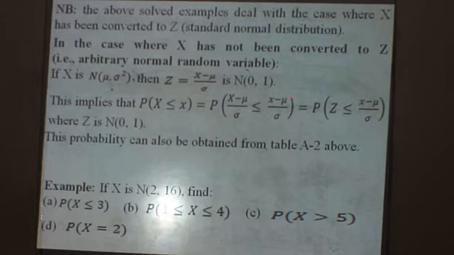So in effect, we will end up getting the capital Z, which is the population standard score, less than or equal to the sample standard score, which is small x minus the population mean divided by the population standard deviation. And in all this, it is assumed that the Z is normally distributed with mean 0 and standard deviation 1.